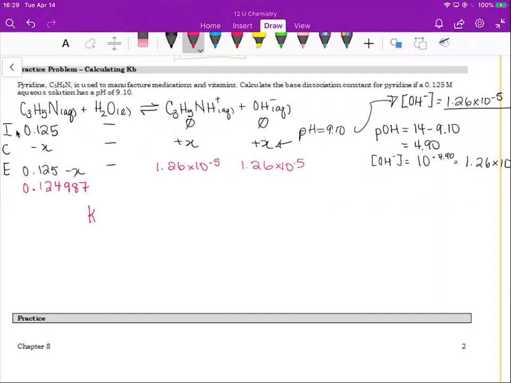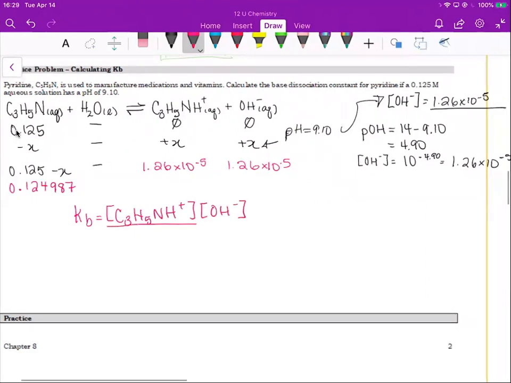So for my Kb, it's going to be my concentration of my conjugate acid and the hydroxide over the concentration of my base, and this is going to be squared, right?